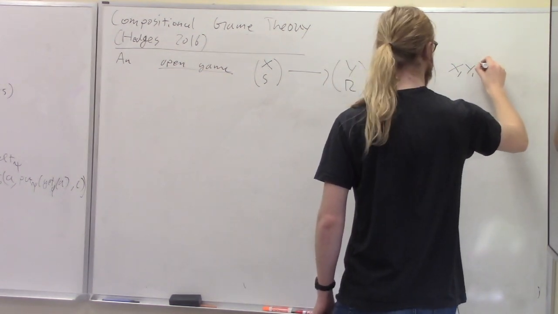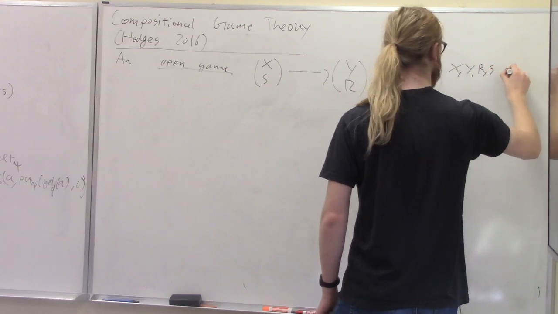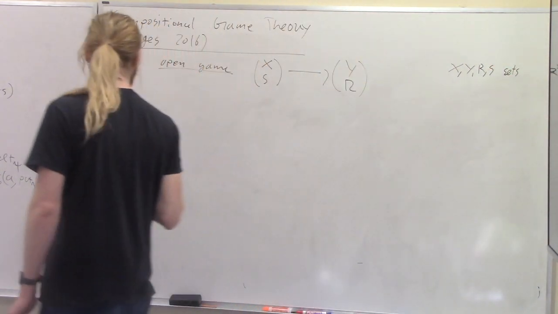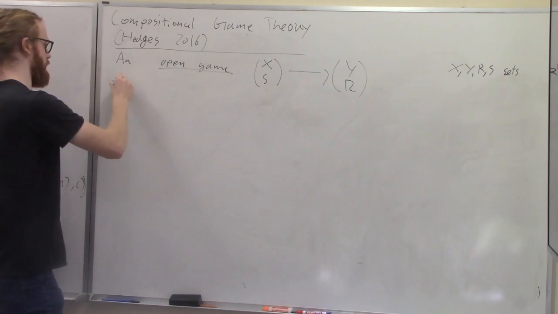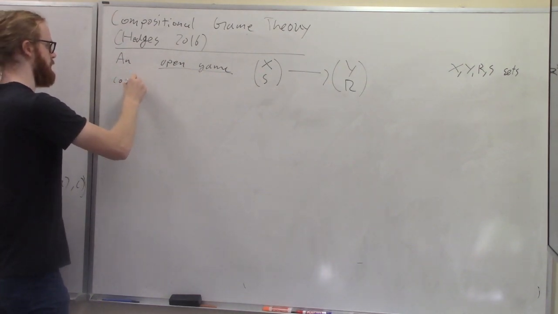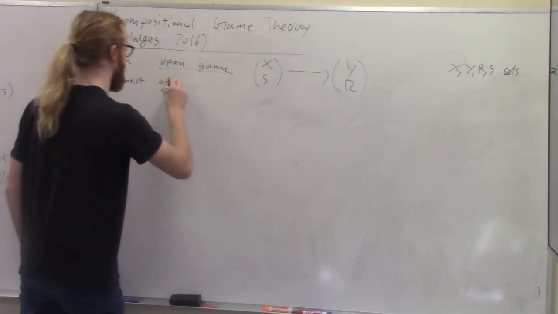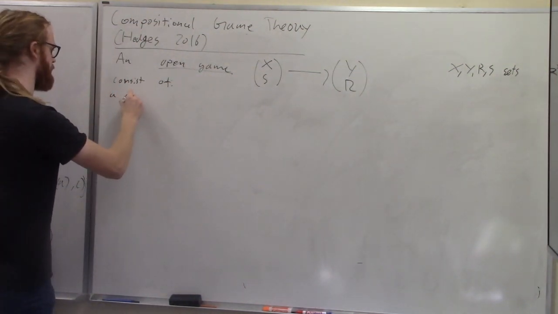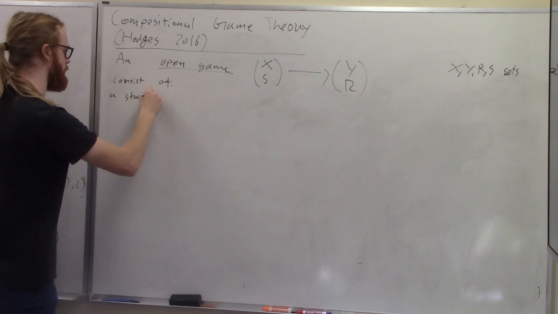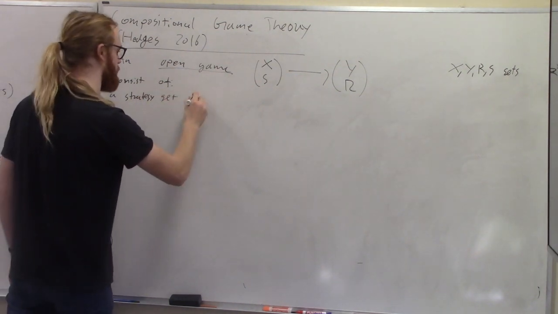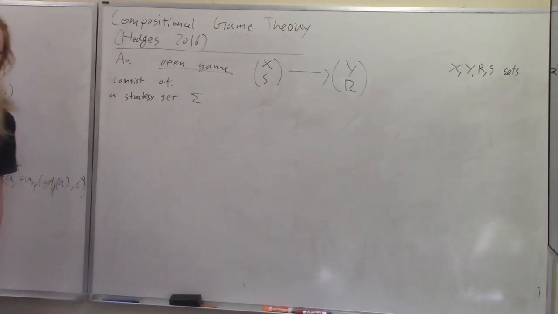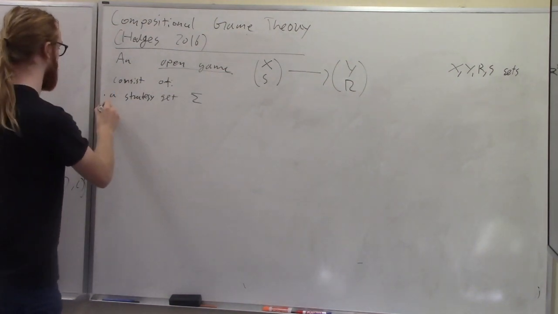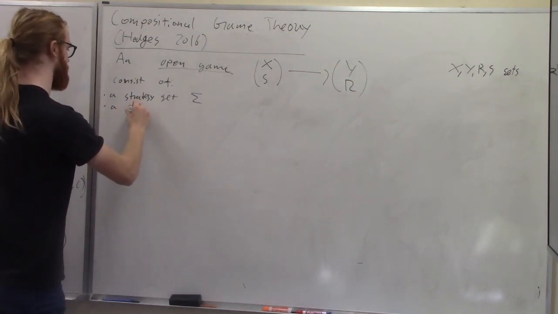X, Y, R, S are sets. It consists of the following data. So we have a strategy set, which is called sigma. A play function.